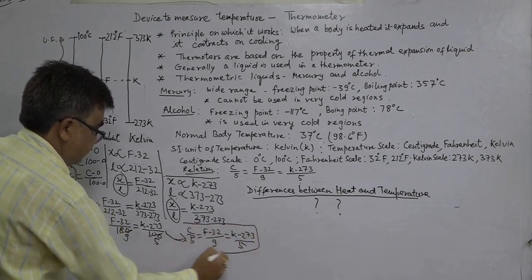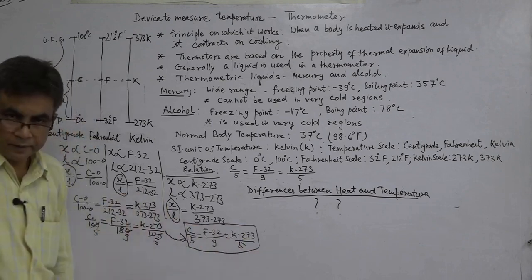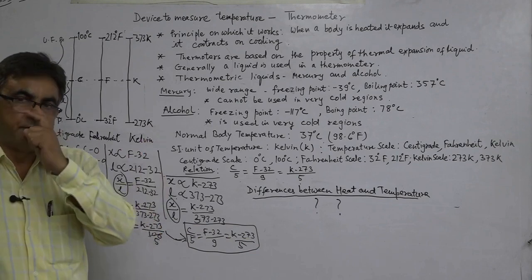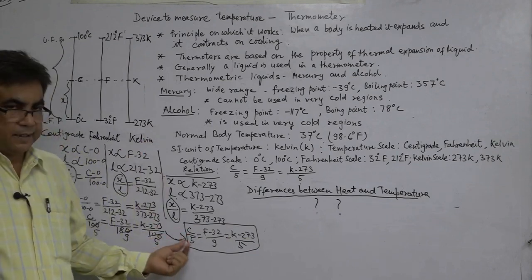So in this way we can derive the relation between these three temperature scales: centigrade scale, Fahrenheit scale and Kelvin scale.